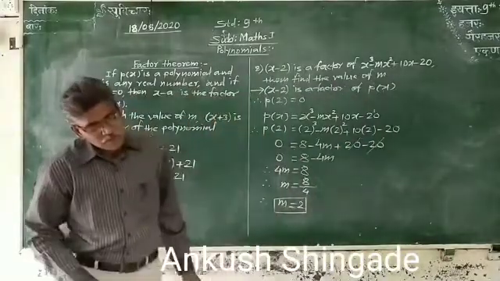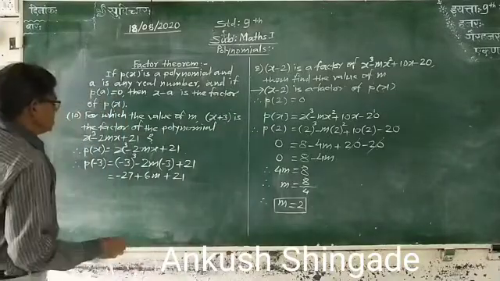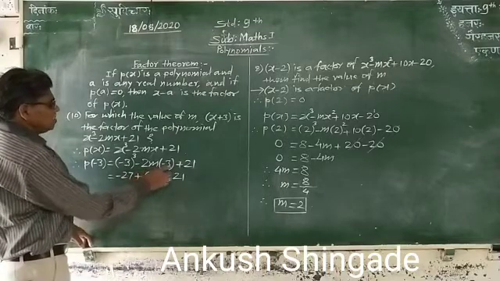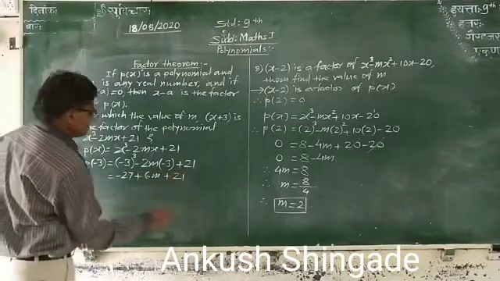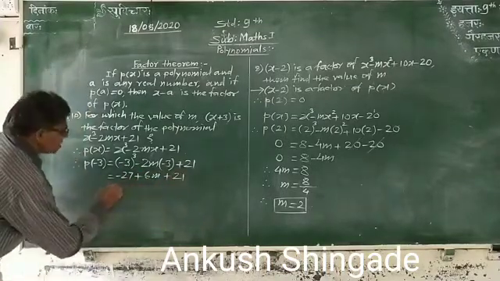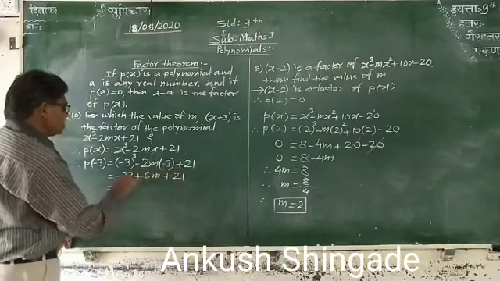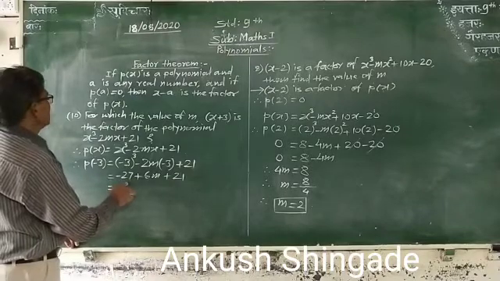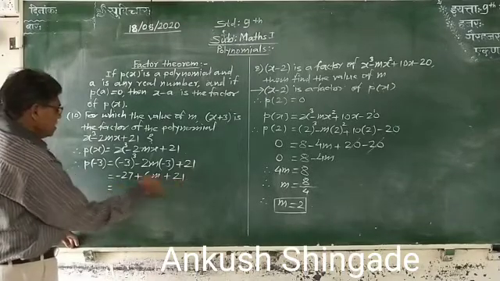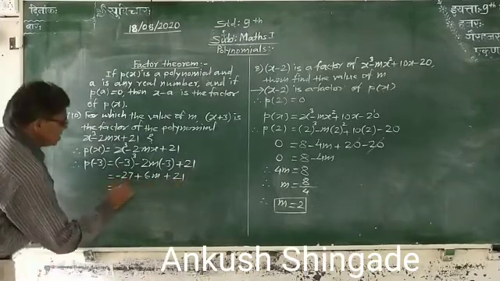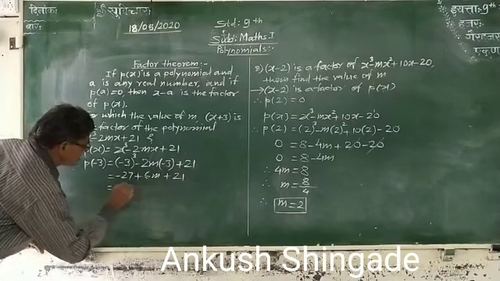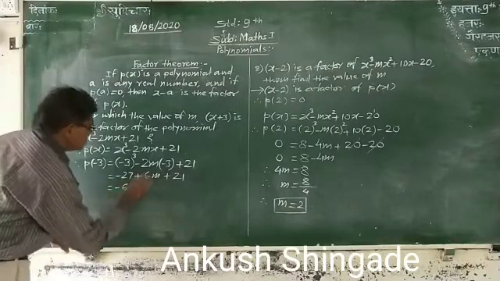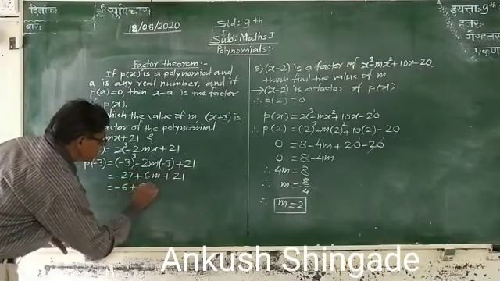So 21 minus 27 is minus 6, that is minus 6 plus 6m.